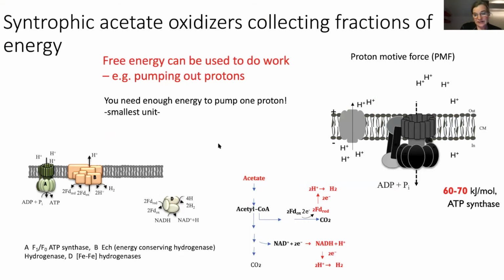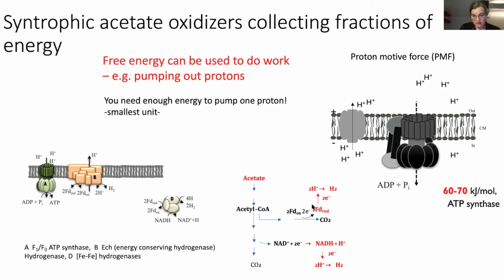So how do they gain energy then, if they cannot produce any ATP? I brought you a picture here where you can see two enzyme complexes they have in the cell. These are so-called hydrogenases, one sitting in the membrane, and there is also one system which is in the cytoplasm. And what happens here?